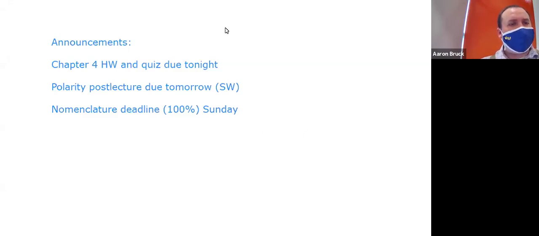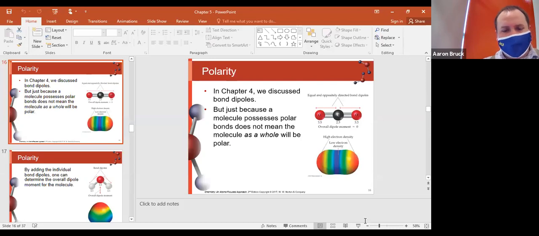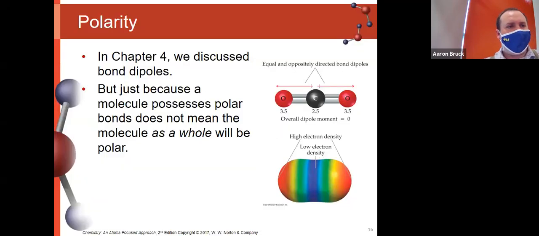So we're going to start today then, kicking off a concept that we began in part in chapter 4. In chapter 4, we brought in the idea of bond polarity using electronegativity.